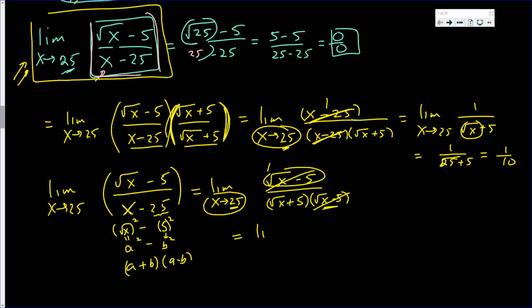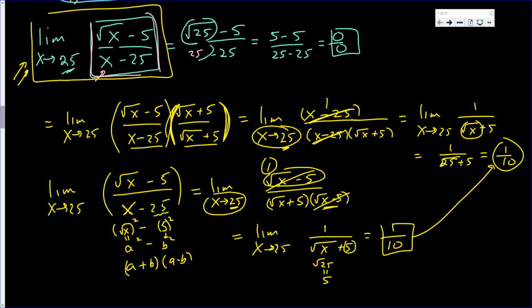So then we have the limit as x goes to 25 of 1 over the square root of x plus 5. But this is 1 over 10 because you get the square root of 25, which is 5, plus another 5. So we did it 2 different ways. We got the same answer.